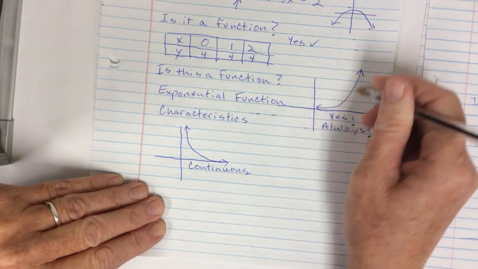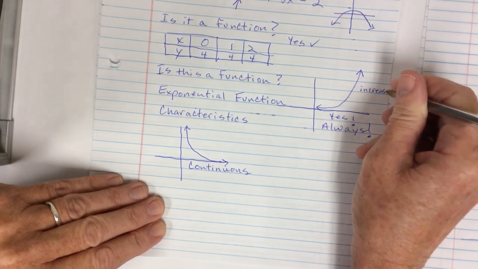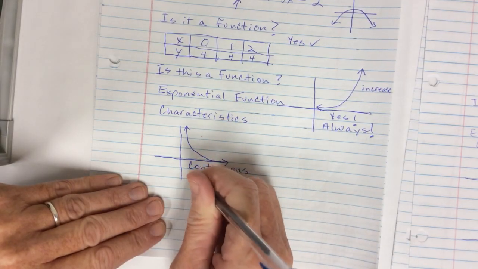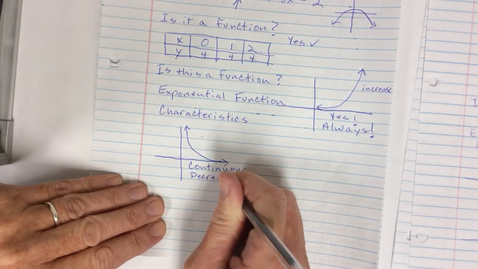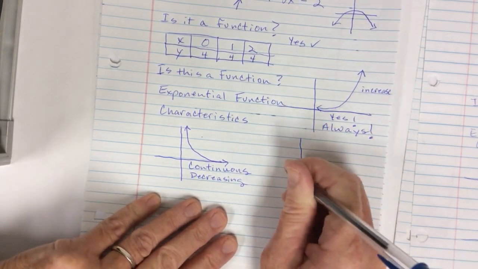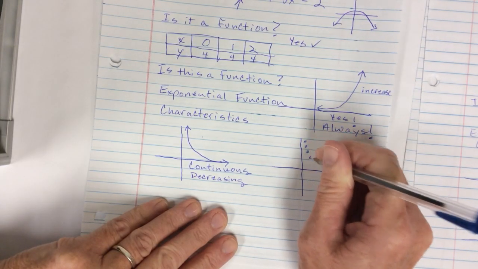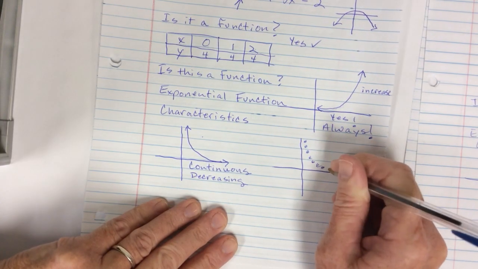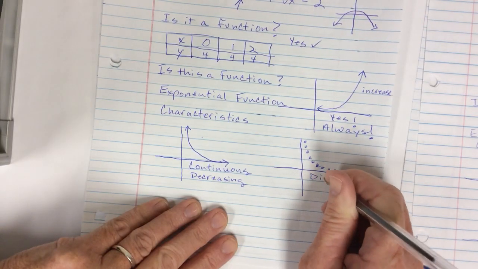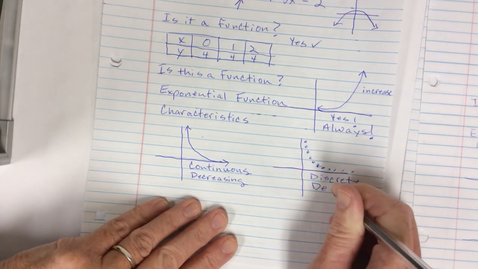And in this case, this one is increasing. And this one is decreasing. This next one would be discrete and decreasing.